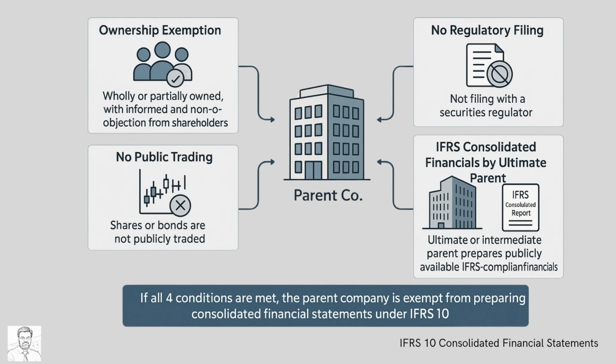Third, the company's not filing or planning to file with any securities regulator to get its financials published publicly. Basically, it's not trying to go public. And finally, its ultimate parent or even an intermediate parent is already producing publicly available IFRS compliant consolidated financials. So yeah, if all 4 of those boxes are ticked, then that parent doesn't need to prepare its own consolidated statements.